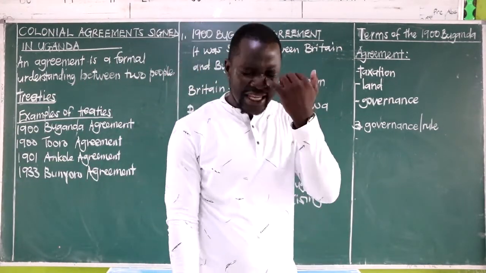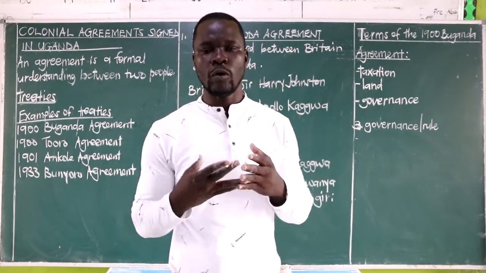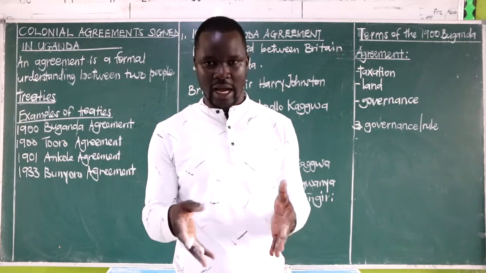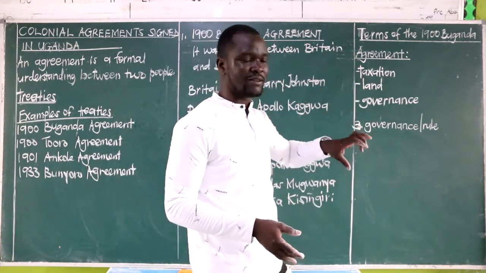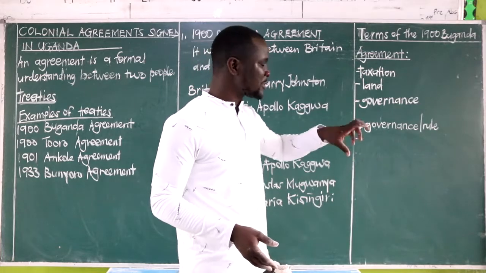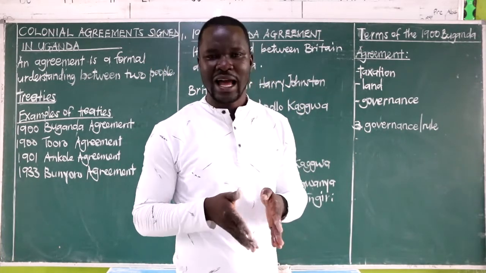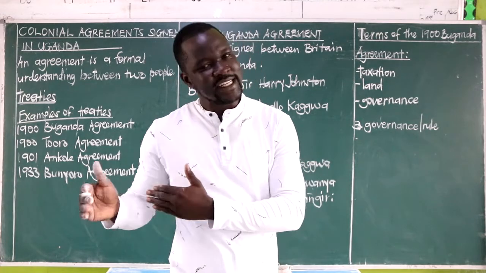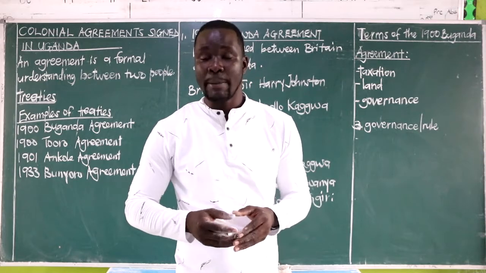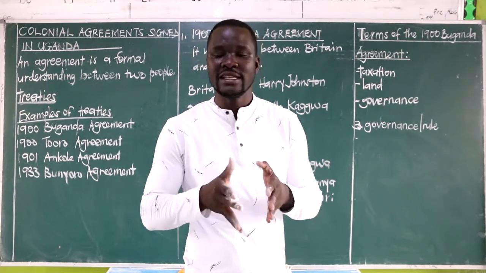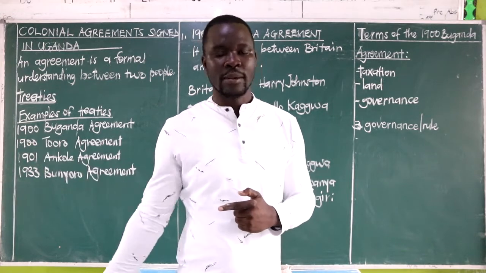Now we need to note that before then, the king had full power, full authority over his people in Uganda. After the signing of that agreement, they agreed that the king was now to rule his kingdom according to the way the British wanted, which means the king was now rendered a puppet, in that he could not make his final decisions, but had to wait for the final decision from the British government.